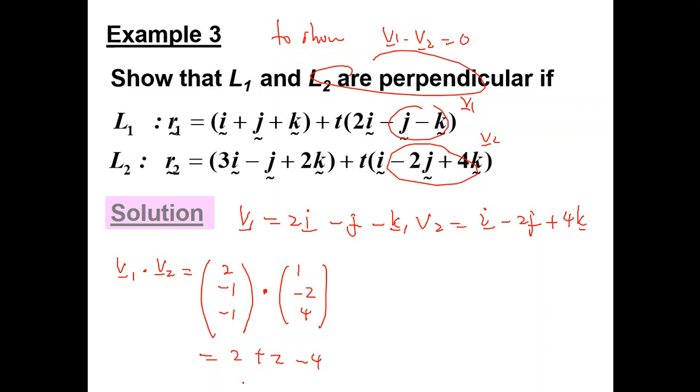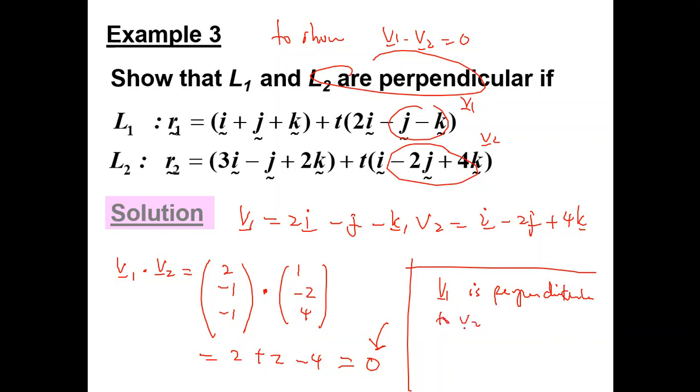That is equal to 0. When we get 0, we can conclude that V1 is perpendicular to V2. It implies that L1 and L2 are perpendicular. Done.